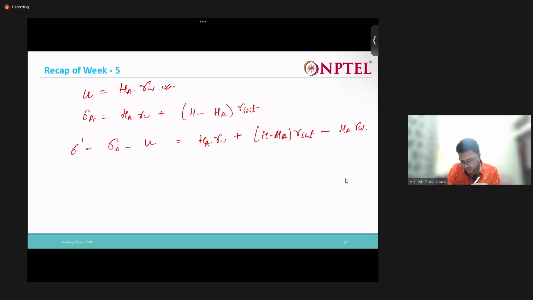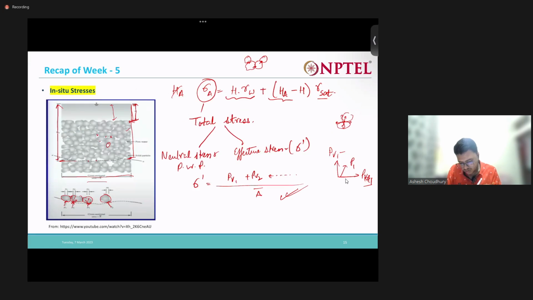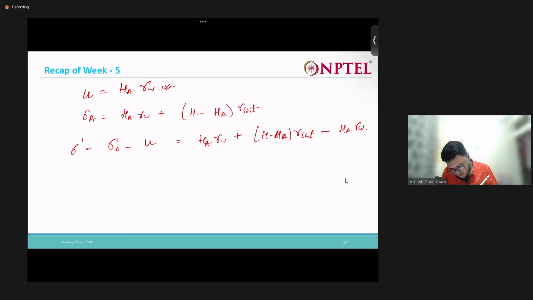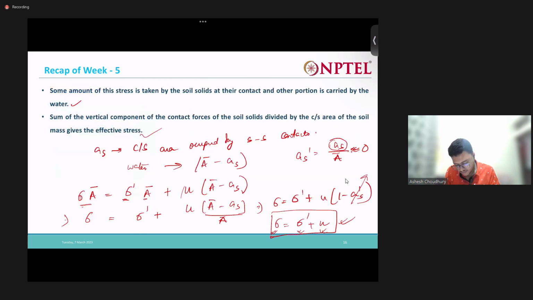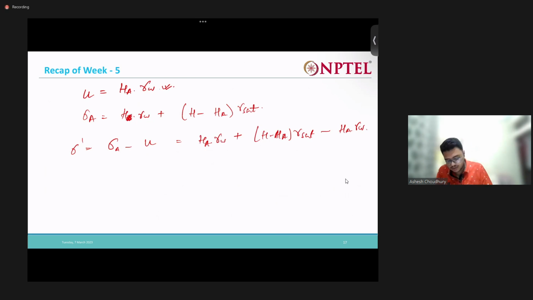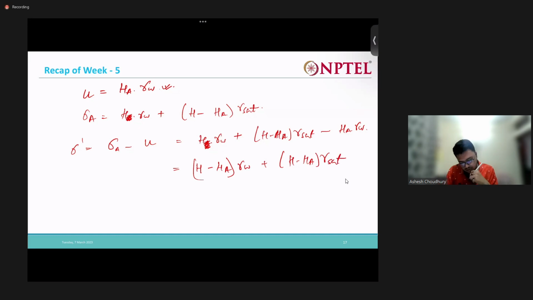So H into gamma W plus (H minus HA) into gamma sat, minus HA into gamma W. If we rearrange these terms, we will get (H minus HA) into gamma W plus (H minus HA) into gamma sat.